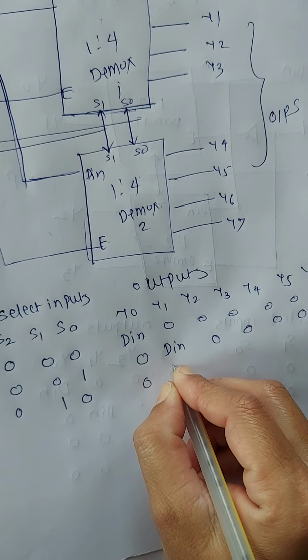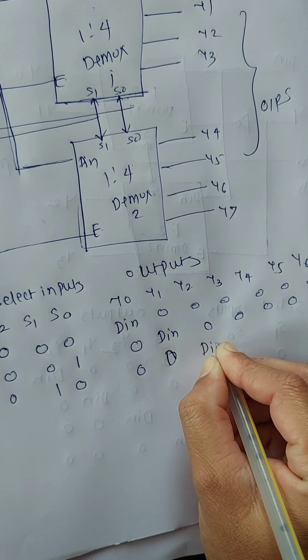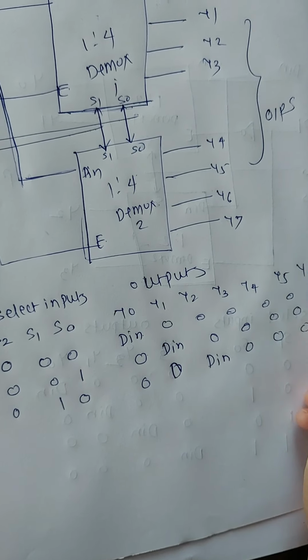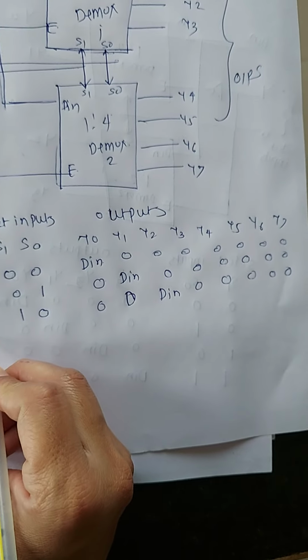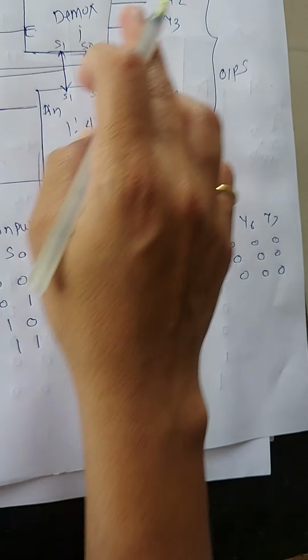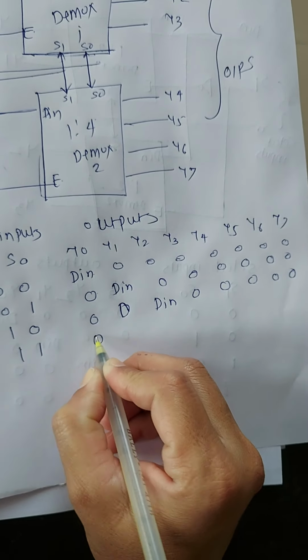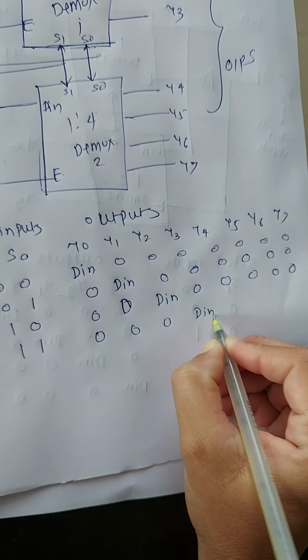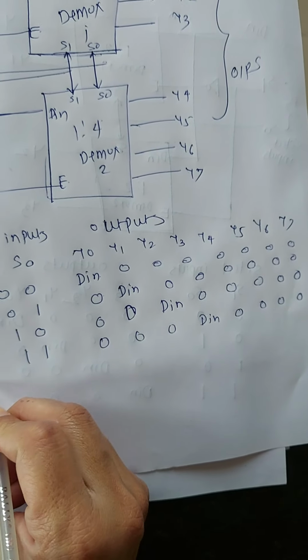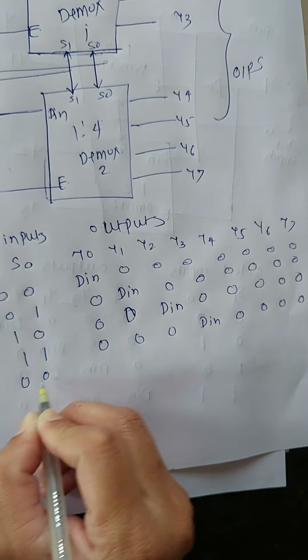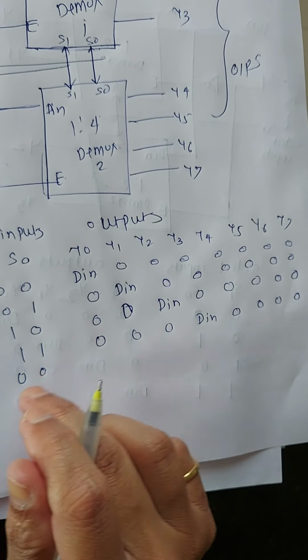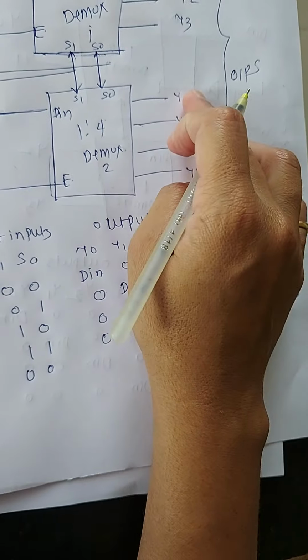Next, 0, 1, 1 is 3, so the Y3 output is selected, and D in distributes to Y3, with the other outputs 0. Next is 1, 0, 0, that is 4, so D in distributes to Y4.